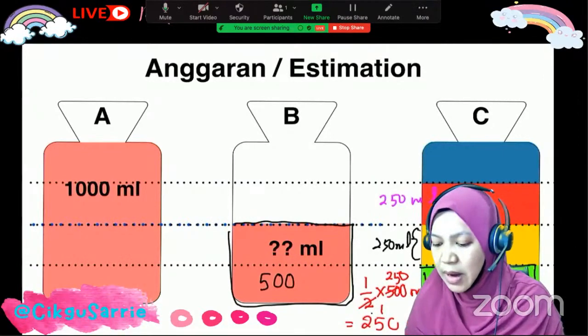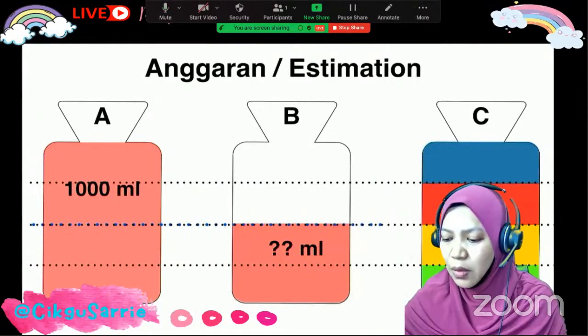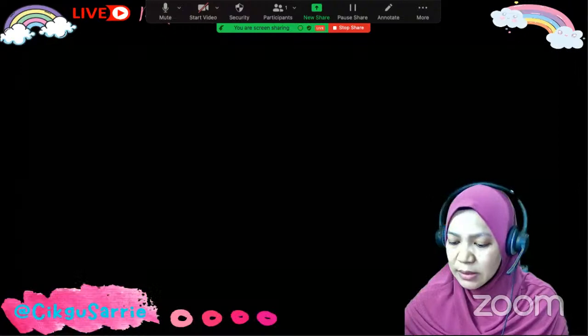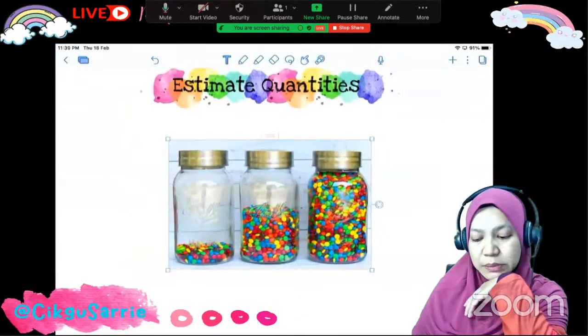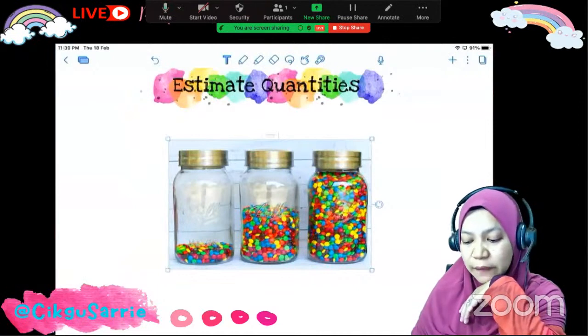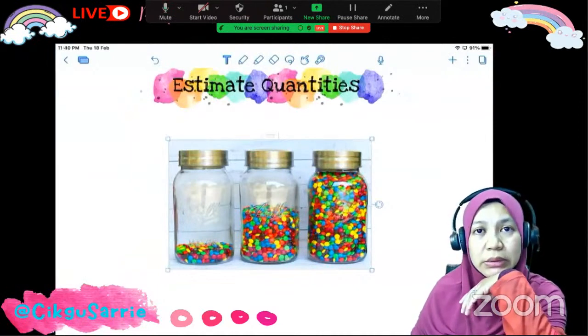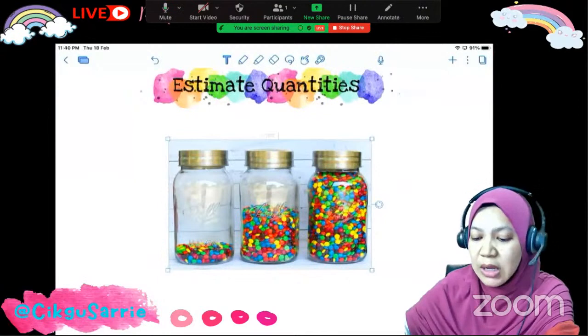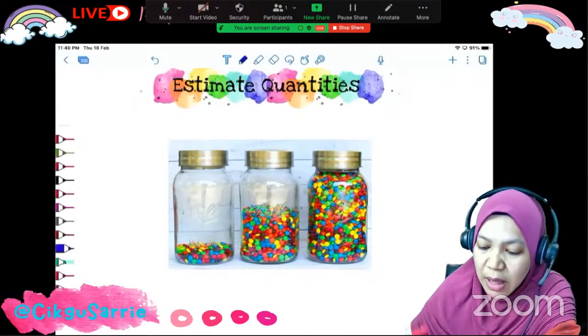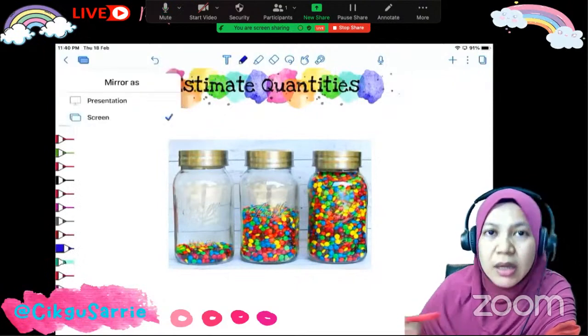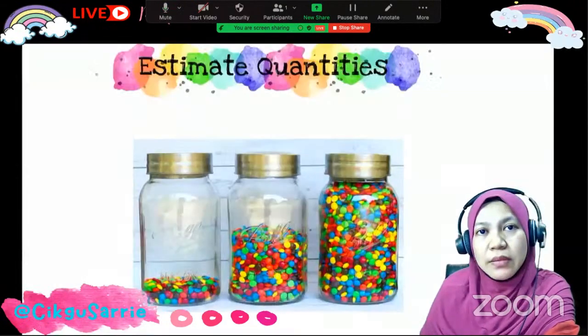Okay, all right. Now look at this part. Now we go to this picture. We have chocolate here. We have 3 bottles.